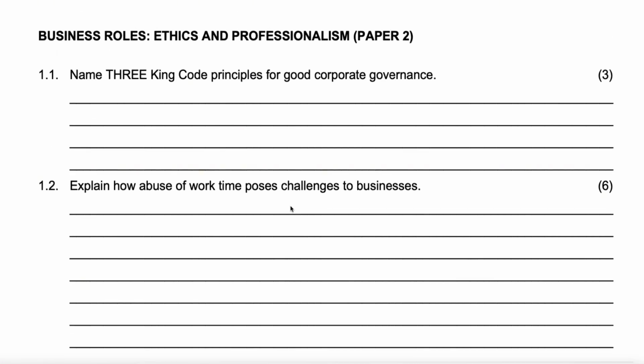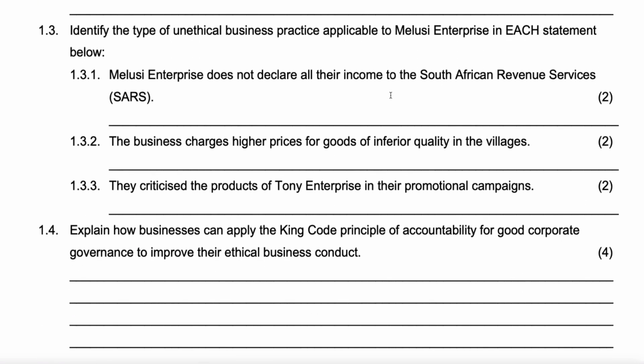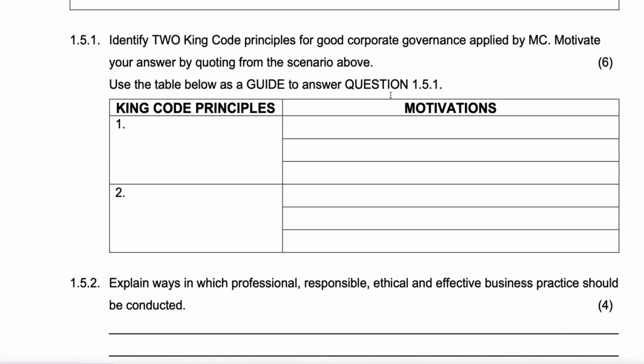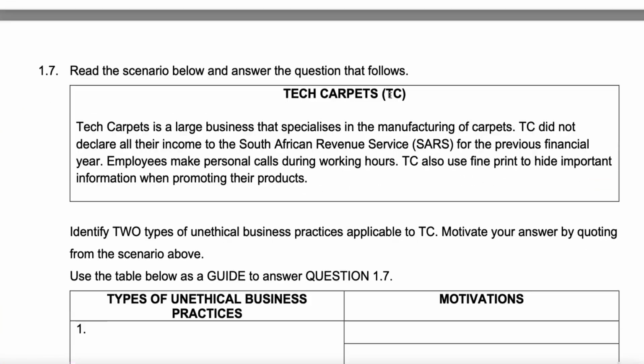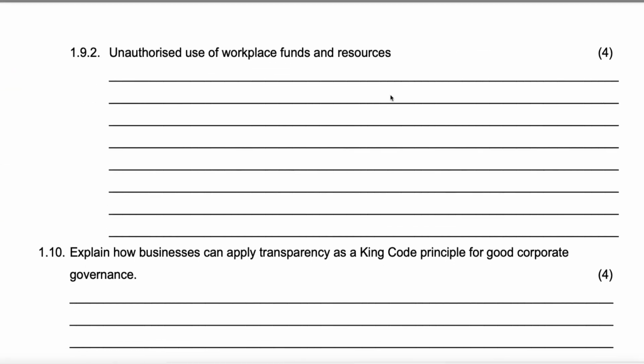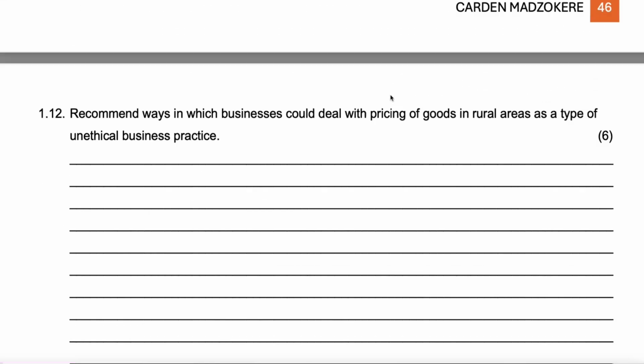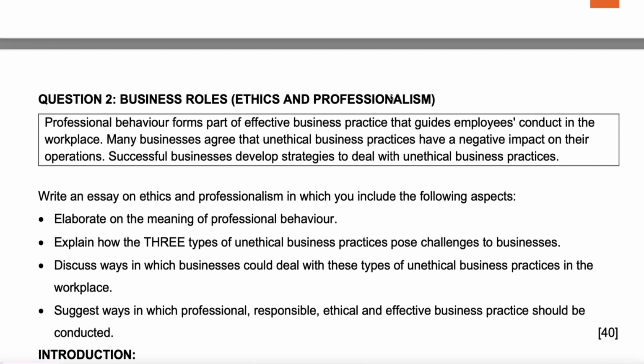So this is our topic number 3, and this is ethics and professionalism. That comes for your paper 2. So all ethics and professionalism questions since 2020, there we have them. As simple as that. Okay, so that's our ethics and professionalism. And we have essay 1.